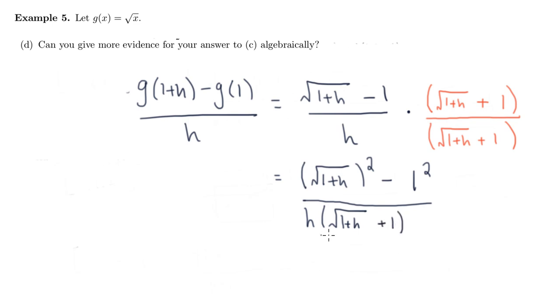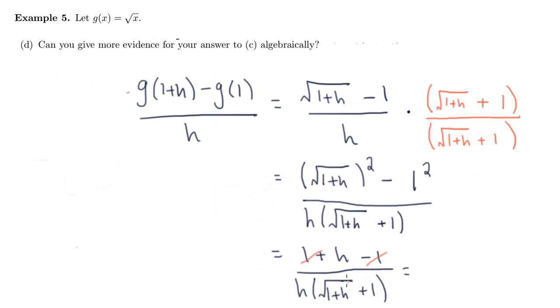Okay, so what happens in the numerator? Square root of 1 plus h squared is 1 plus h minus 1, all over this nasty thing. Now this is 1 minus 1, so those will cancel.